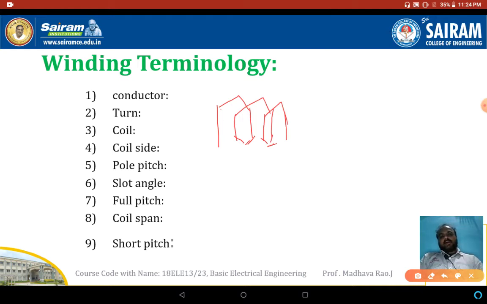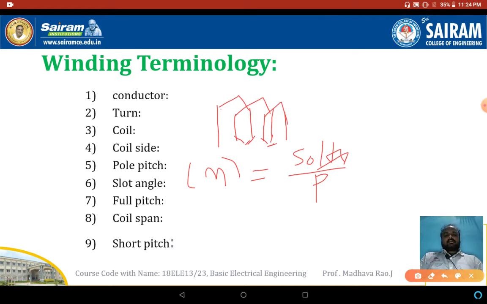Next one, pole pitch. Pole pitch is denoted with a small letter n. The definition of pole pitch is the ratio of number of slots to number of poles. Number of slots divided by number of poles is called pole pitch.